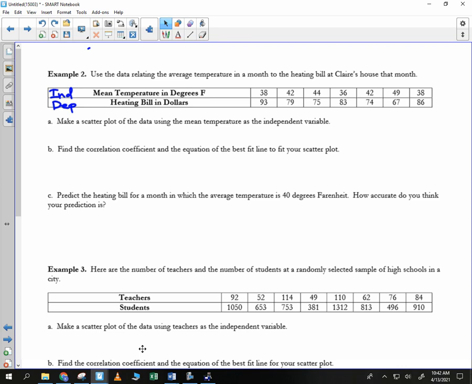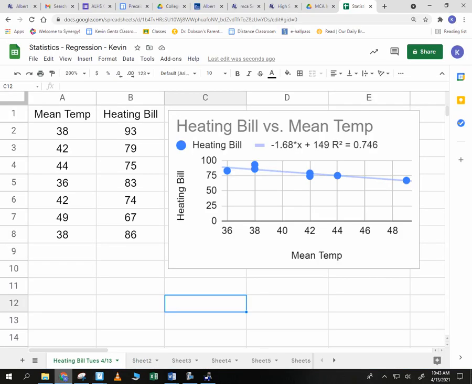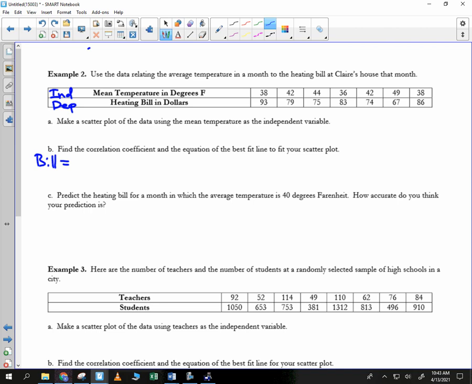And I'm going to need your help finishing this problem off. Best fit line. The heating bill is equal to, and what was the equation that it came up with? Negative 1.68 times x.